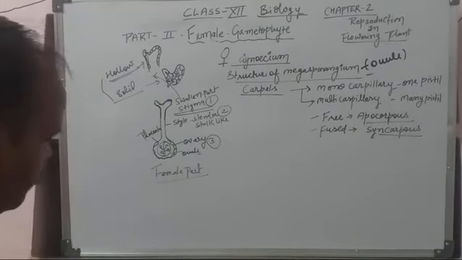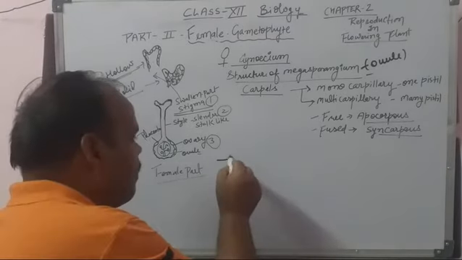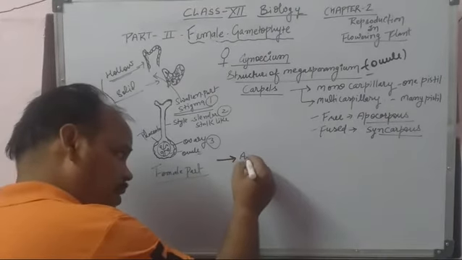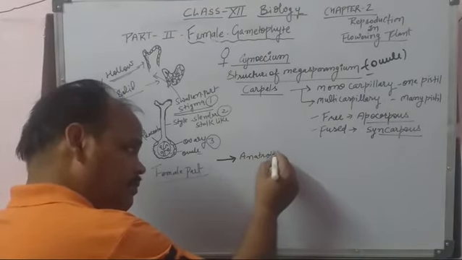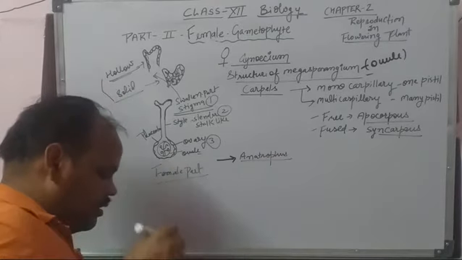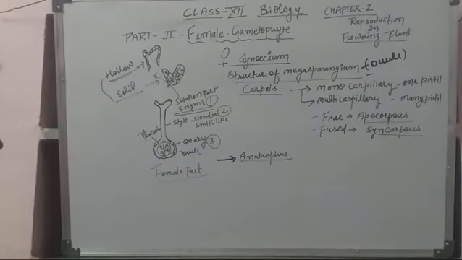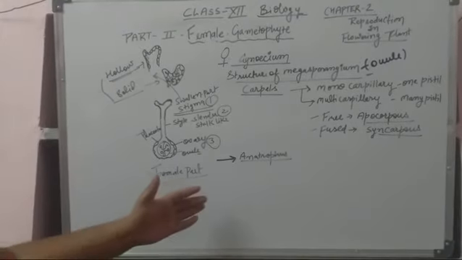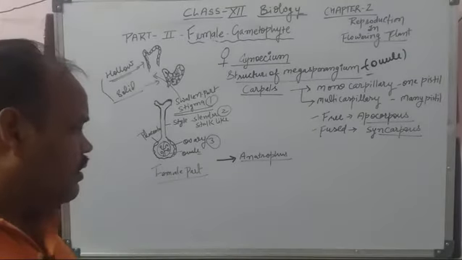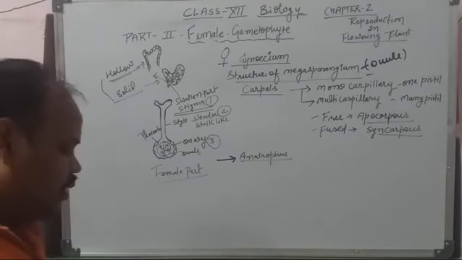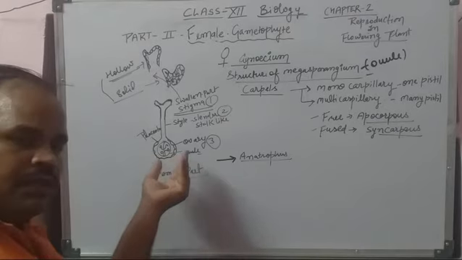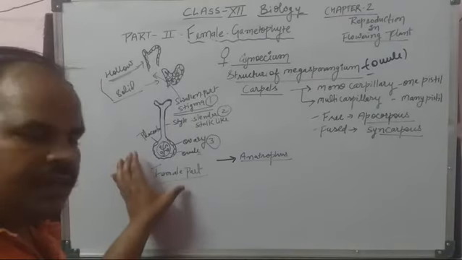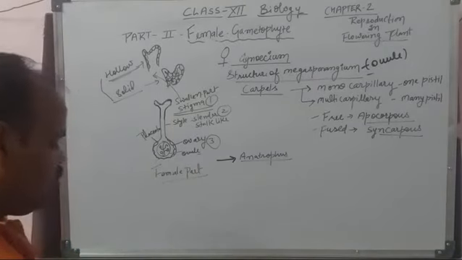The ovule is called anatropous. Anatropous ovules occur in angiosperm plants, because the ovules have the ovary structure, the placenta, and various parts present in angiosperm plants.